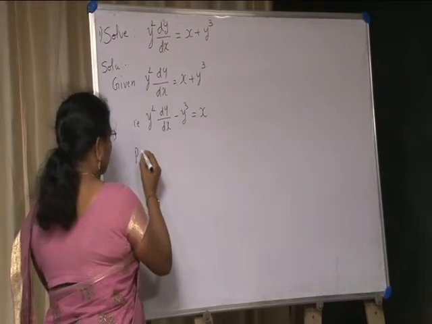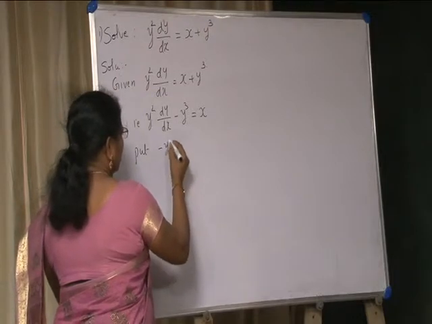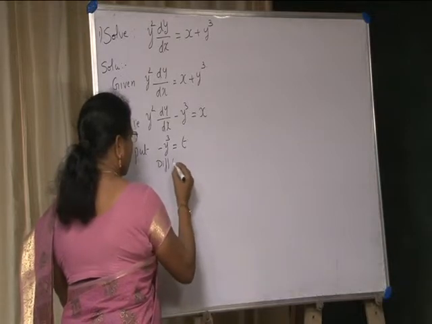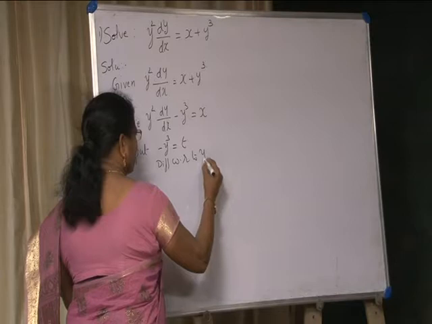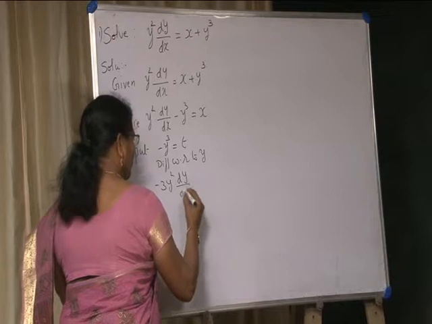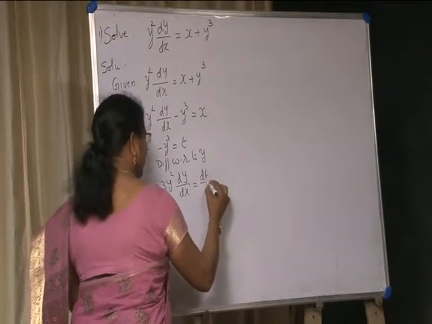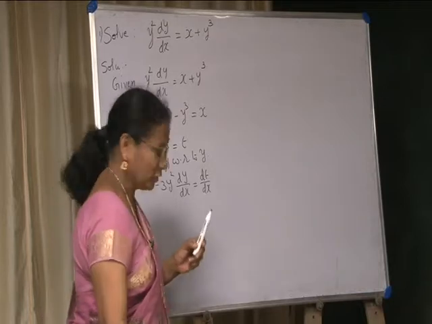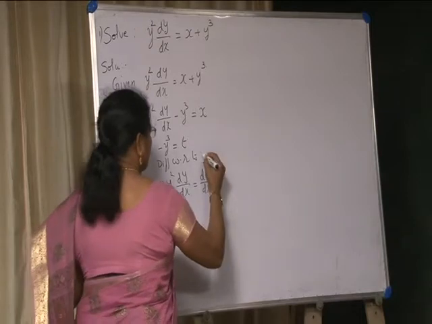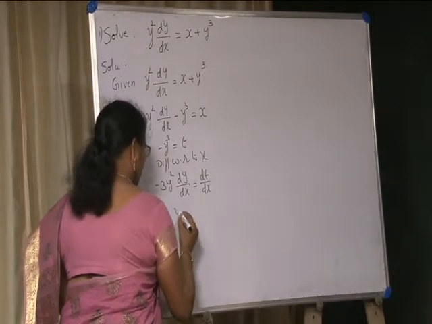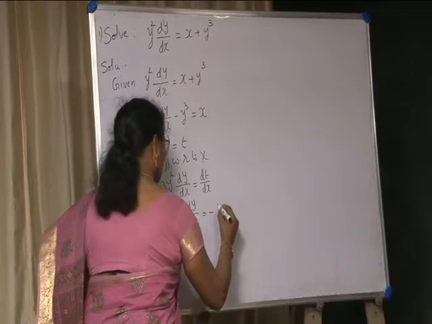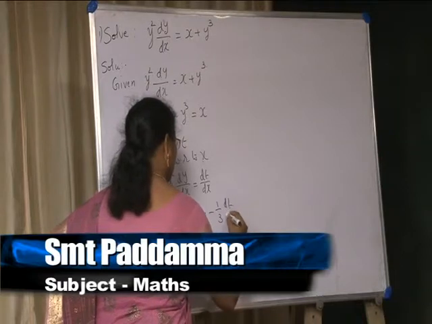Put minus y cube is equal to t. Differentiate with respect to x: minus 3y squared dy by dx is equal to dt by dx, that is y squared dy by dx is equal to minus 1 by 3 dt by dx.